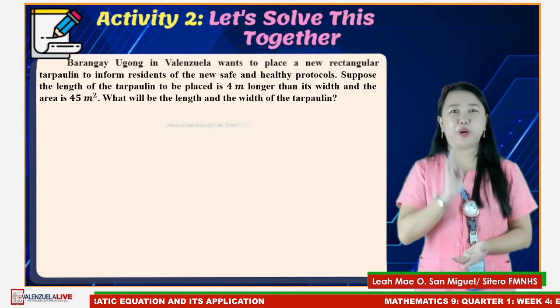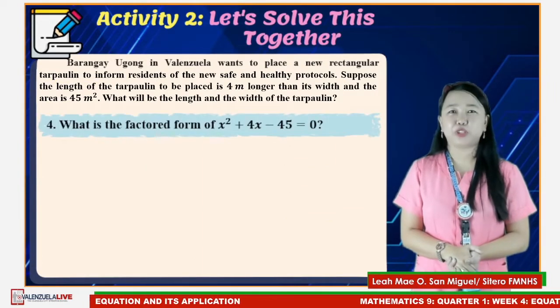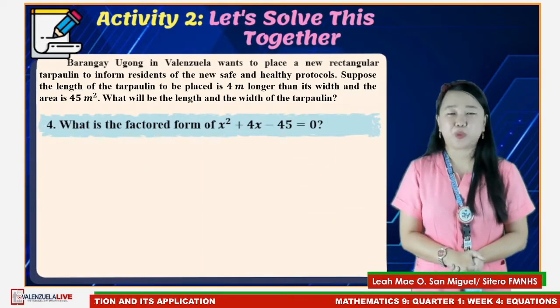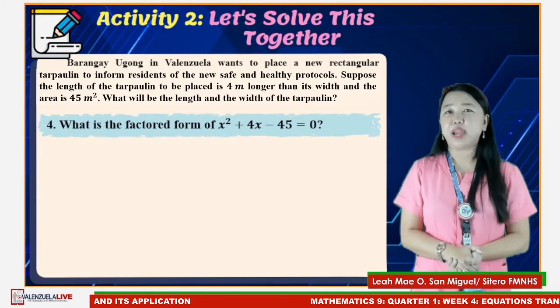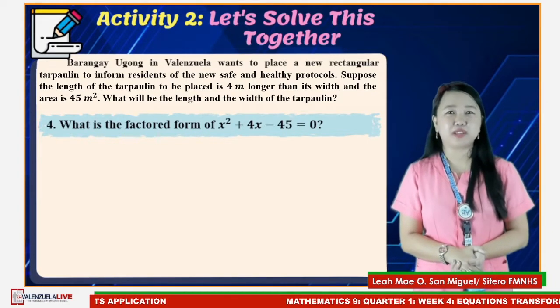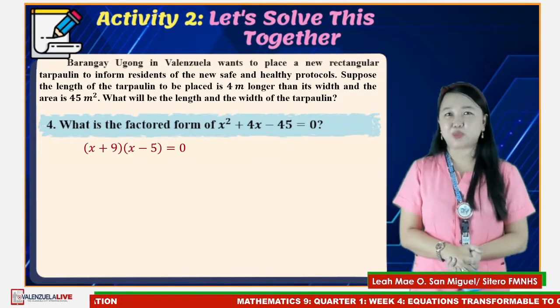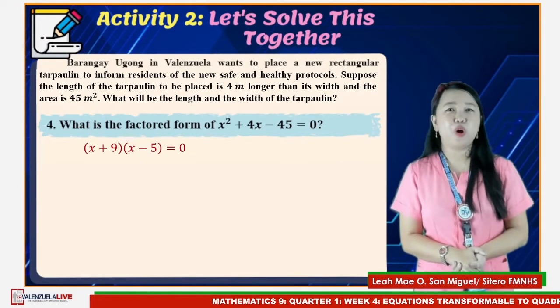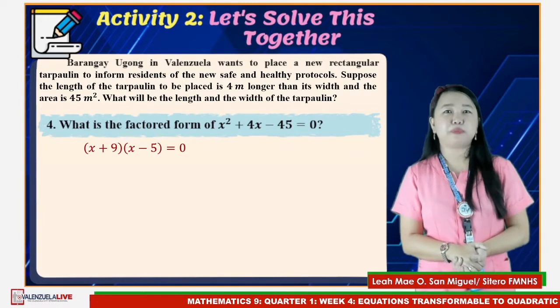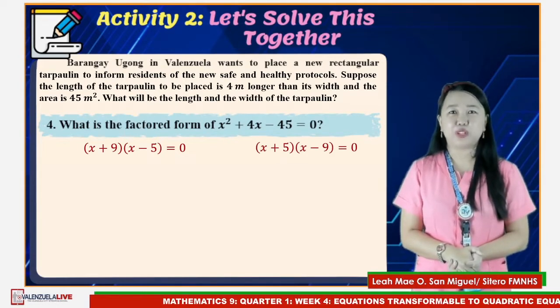Question number 4. What is the factored form of x squared plus 4x minus 45 equals 0? Is it x plus 9 times x minus 5 equals 0? Or x plus 5 times x minus 9 is equal to 0?